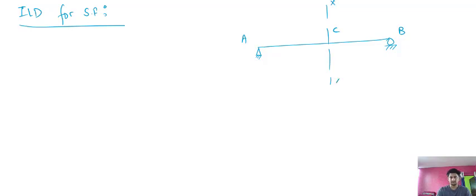This is section X. For making the ILD for shear force, the first condition is that you need to consider the unit load at AC.